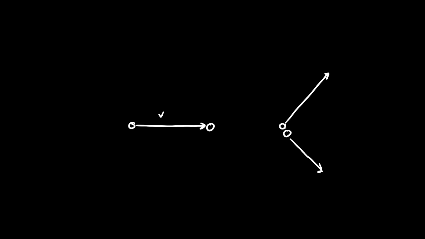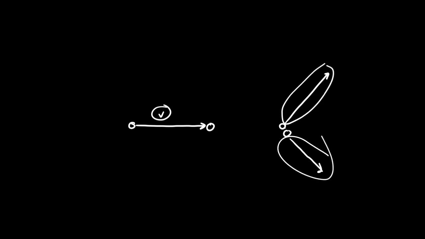Now, what we really have is this picture. The initial velocity, we then have the two resulting velocities of the collision. The picture is really a picture of the collision, with the longer arrow being the velocity of the first ball and the two smaller arrows being the velocities as a result of the collision.